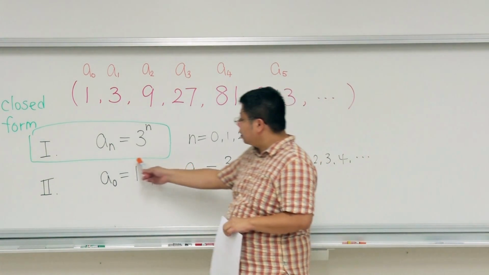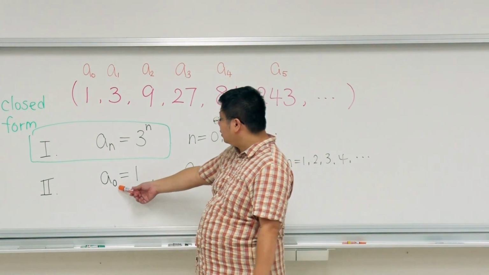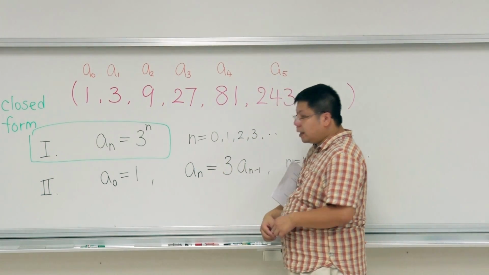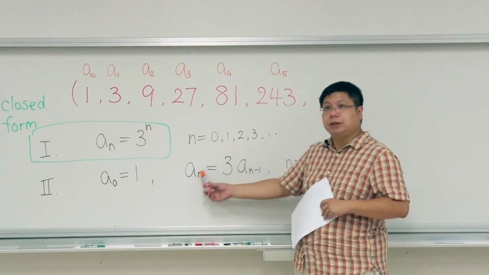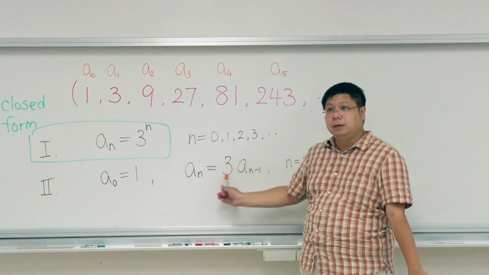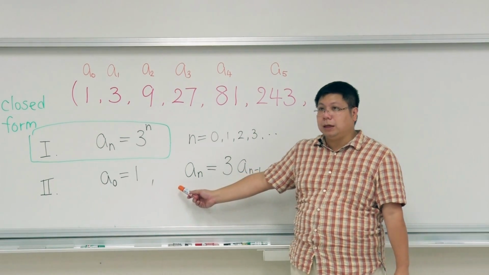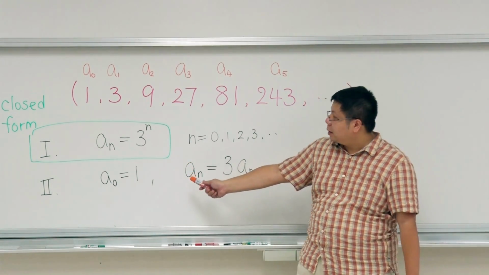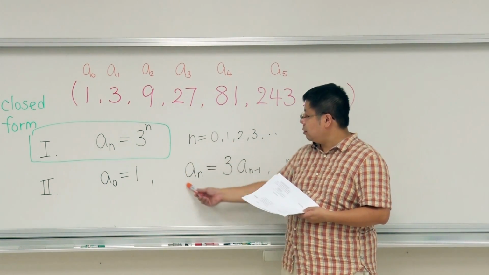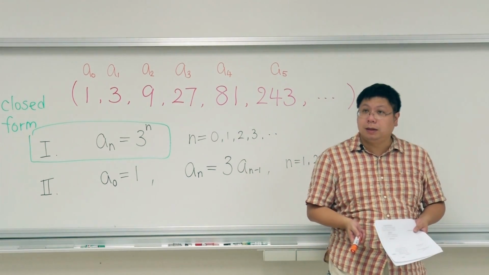Now for method 2, this is rather different. I give you a particular value of the sequence, A0, and then I tell you the relationship between the terms, here between adjacent terms in the sequence. Method 2 is also precise, because if I start with A0 and use this relationship, I can get the value of A1.